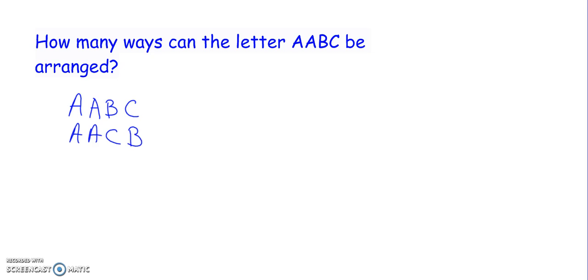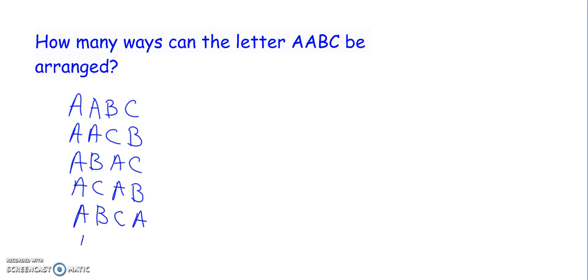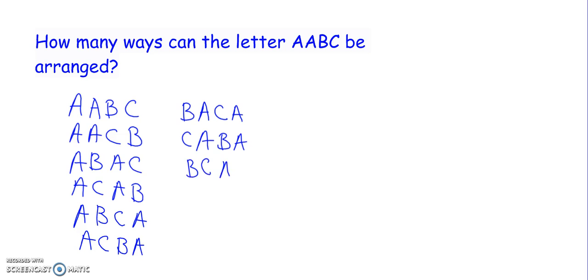A, C, B, A, B, A, C, A, C, A, B, A, B, C, A, C, B, A. All right, we got a couple more coming in. Let's do B, A, C, A, C, A, B, A. Well, B, C, A, C.